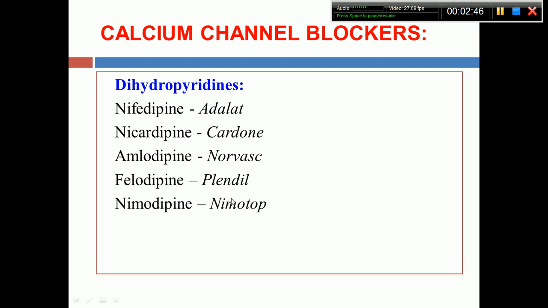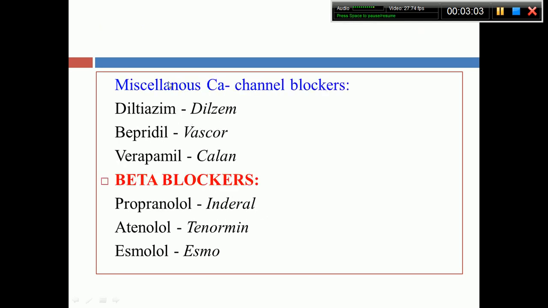These drugs are available with these brand names: Adalat from Bayer, Cardon, Norvasc from Pfizer, Plendil, and Nemotop. Other calcium channel blockers that may be used for angina pectoris are diltiazem, available as Dilzim, bepridil as Vescor, and verapamil as Isoptin.